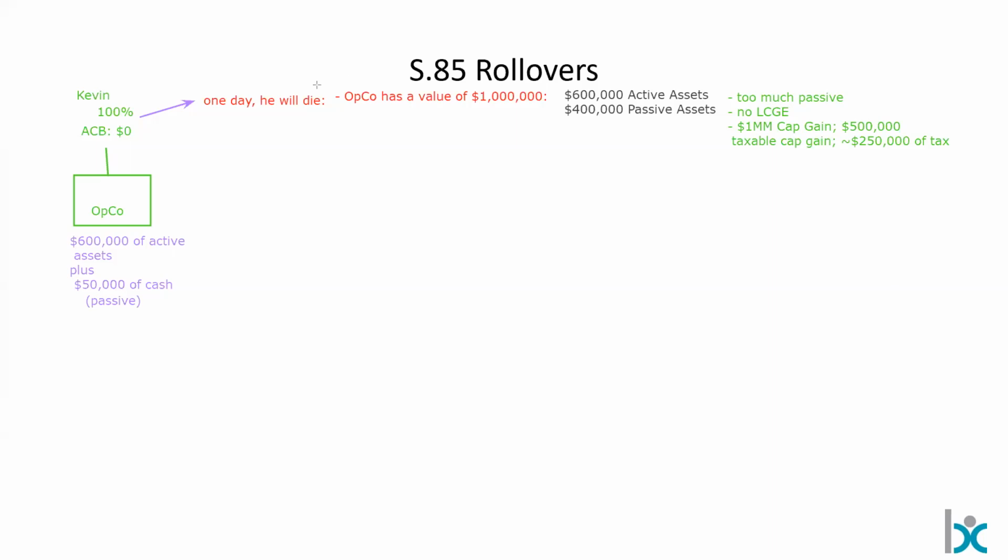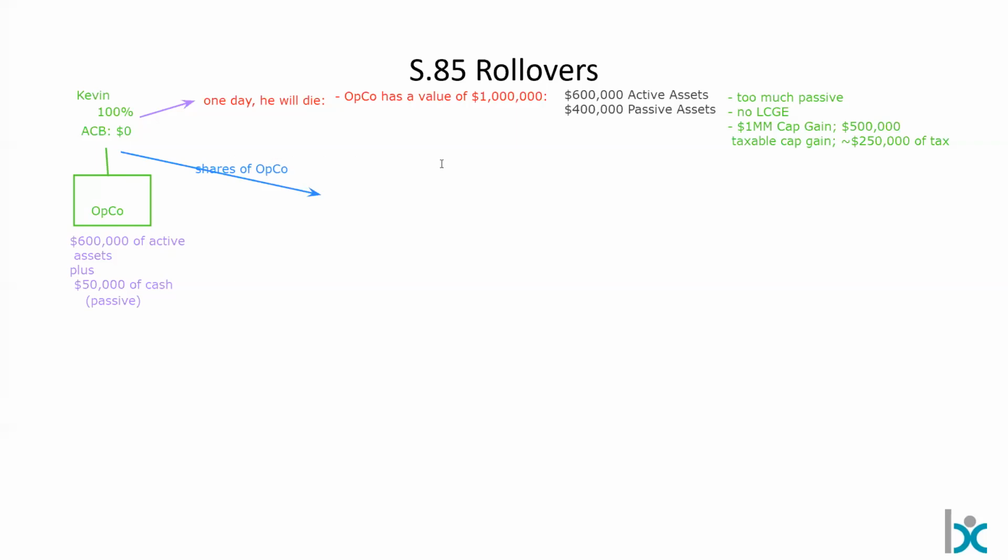What I'm going to do then, I'm going to take the shares that Kevin owns right now of OpCo. Now, there are many, many ways that I could do this. This is not the only method. I'm just going to show a nice, easy method, I think relatively easy to understand.